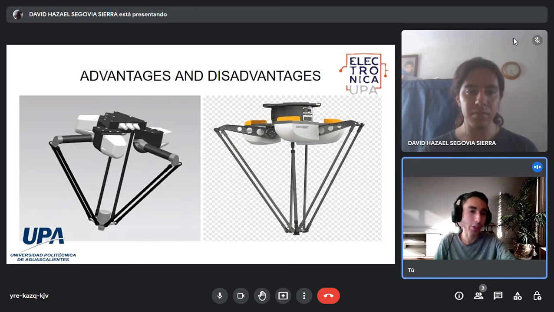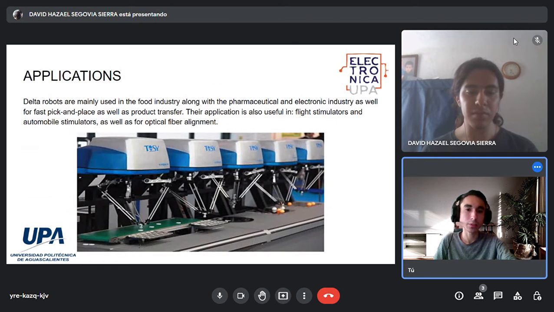Then, the application that these robots have is that Delta robots are mainly used in the food industry along with the pharmaceutical and electronic industry as well for fast pick and place as well as product transfer. Their application is also useful in flight simulators and automobile simulators, as well as for optical fiber alignment.